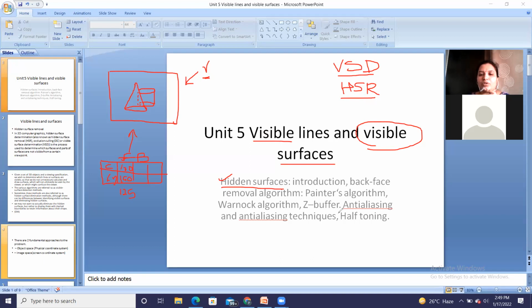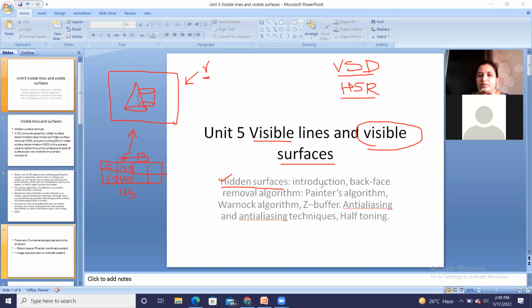Then we are going to concentrate on 2 techniques which are called anti-aliasing and half-toning. There are 2 techniques; why they are required and where these 2 methods are applied, we will see in detail.